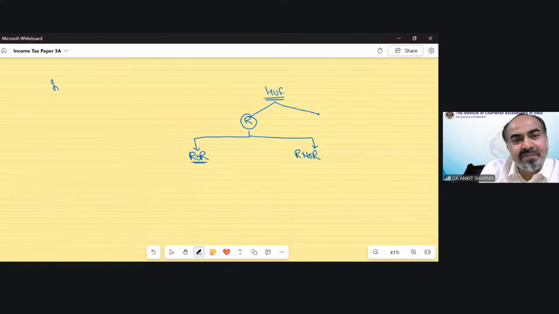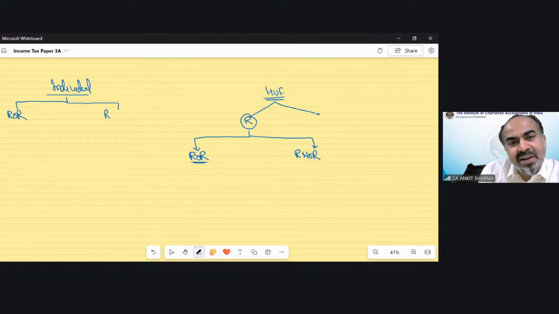We have already completed the individual case, where we discussed the provision of whether someone would be a resident and ordinary resident or a resident and not ordinary resident. In that case, we have to check this.